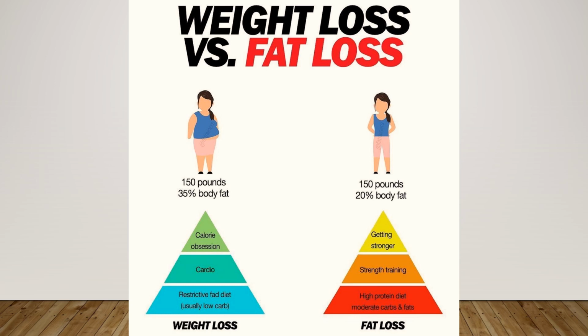We want to make sure that we are on a diet which has everything that we need, like the macronutrients we discussed: protein, carbs, fats. Your plate should have everything which is necessary in our nutrition.